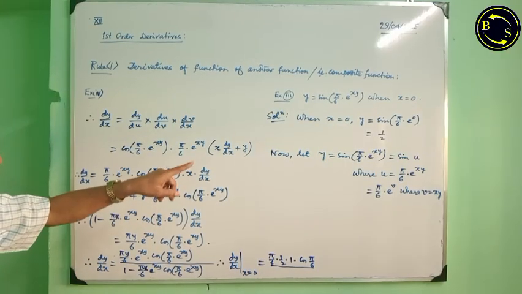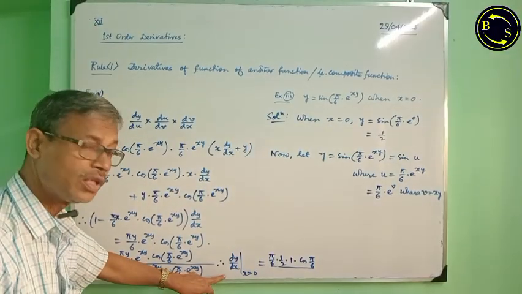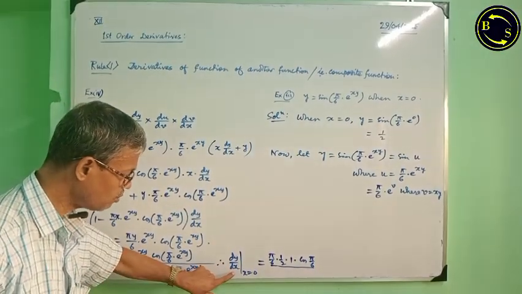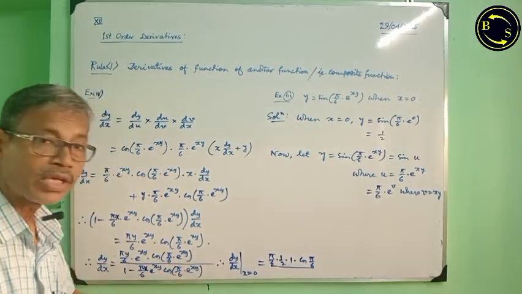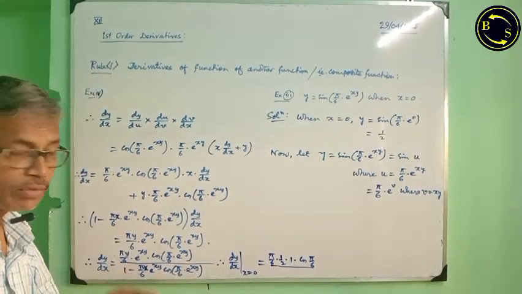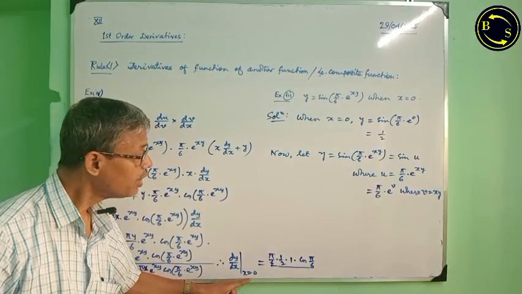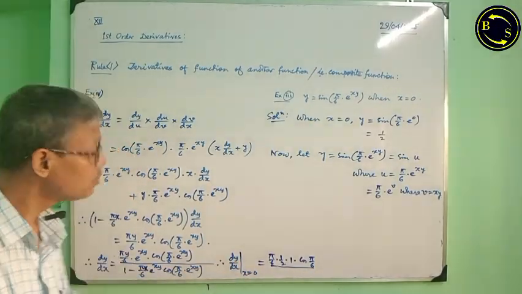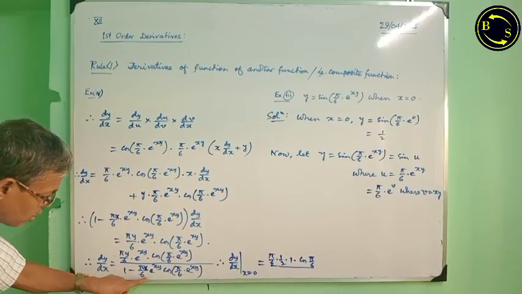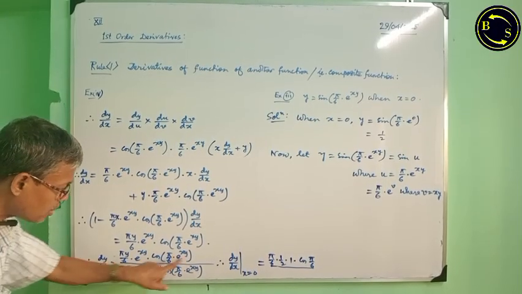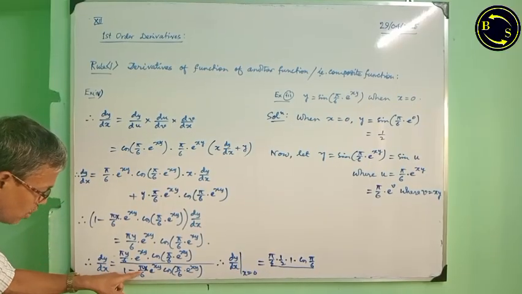Then we have to find the derivative when x equal to 0. That is represented by this symbol, dy by dx at x equal to 0, also written as dy by dx within first brackets x equal to 0. Then if we put the value x equal to 0 on the right part, this part of the denominator becomes 0 because there is x.